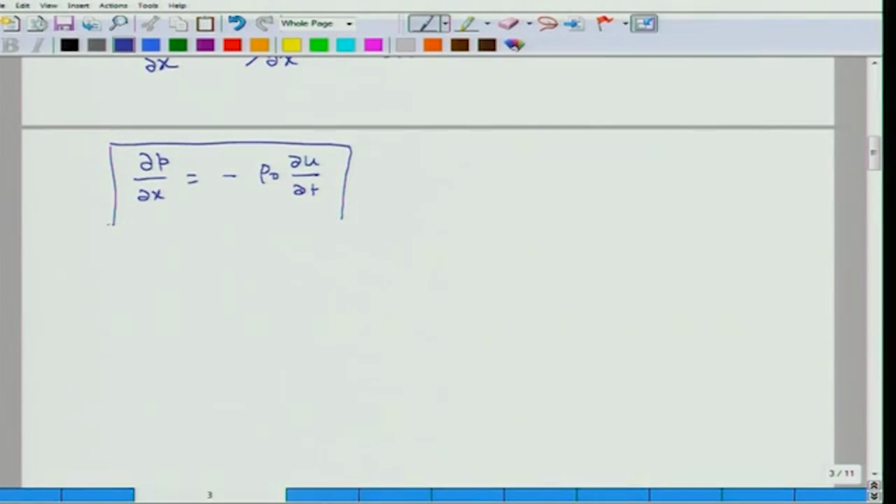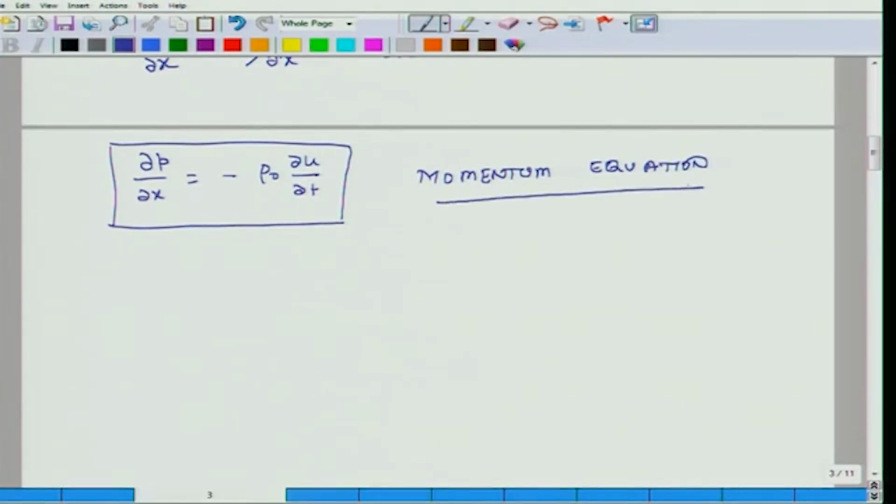So this is the final form of my momentum equation. Essentially what it tells me is, so this is the acceleration term, and this is the pressure gradient term.